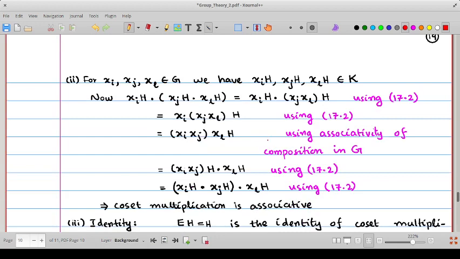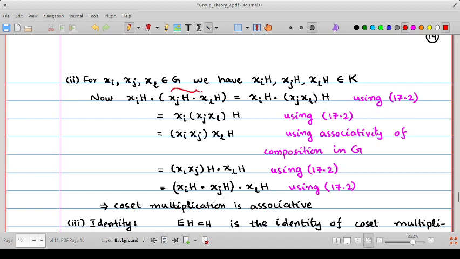Next we consider the associativity of coset multiplication. Consider three elements Xi, Xj and Xl of the group. Then we have three cosets with respect to the invariant subgroup H: XiH, XjH and XlH. Now consider this product. First XjH dot XlH and then take the product of the result with XiH.